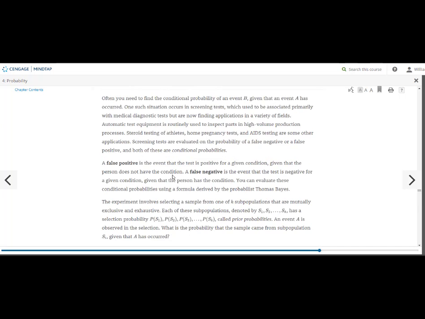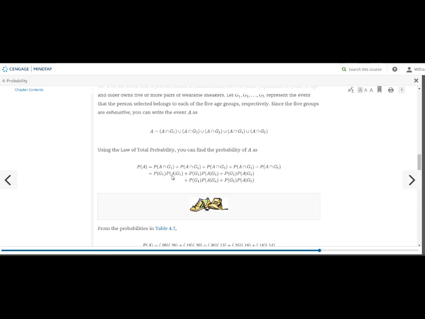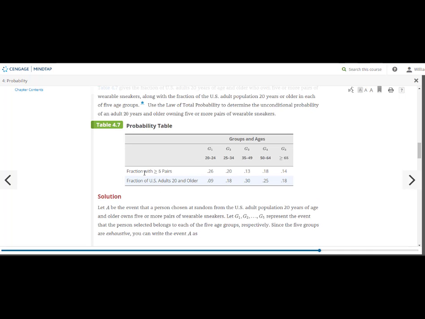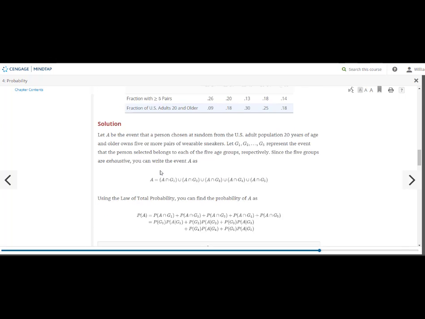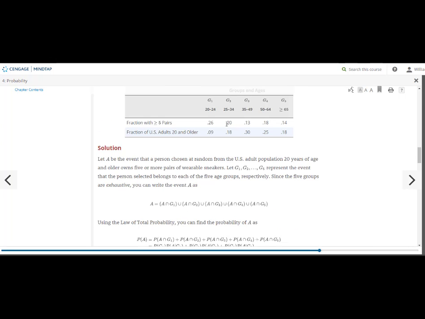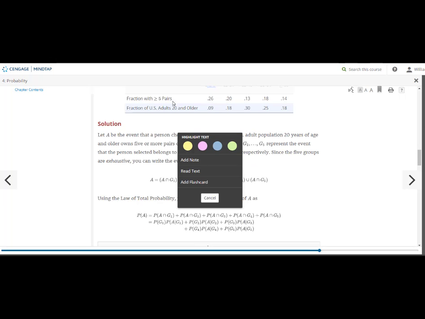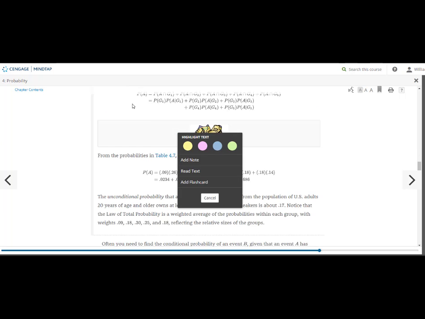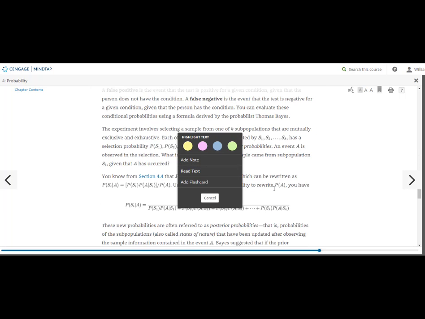So we want the probability that it's, for example, A, whatever A is, given that it comes from one of, say, this partition. So given that someone's in this age group, what's the probability of that? Is that what they said? Let me just check that.